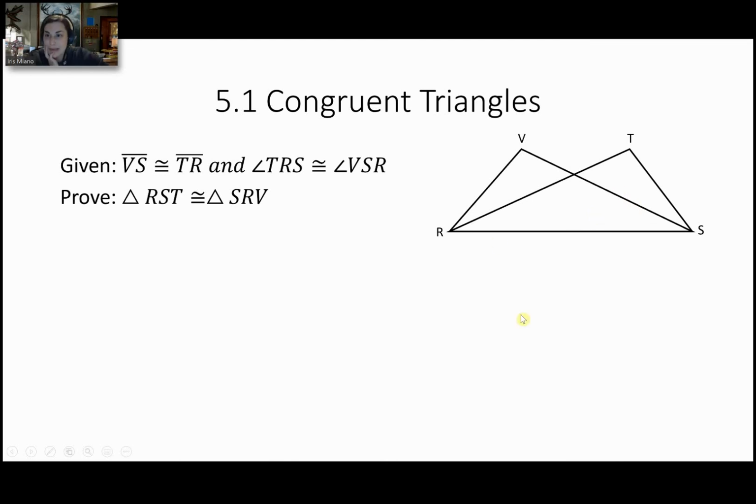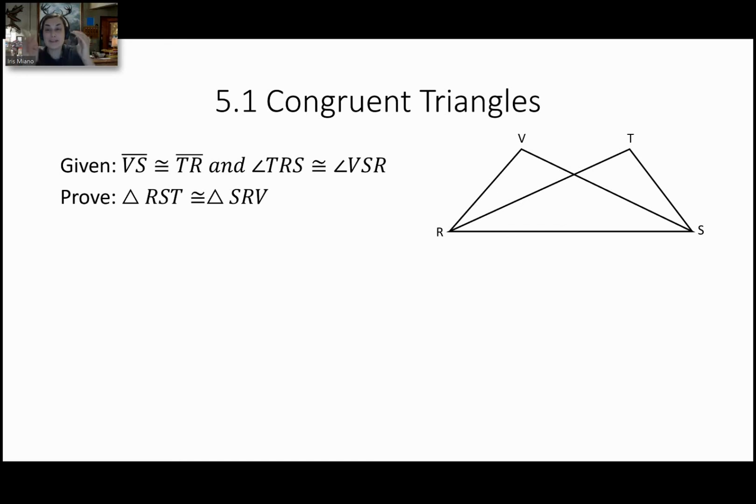Can you tell me, this is a rhetorical question because you're watching a video obviously, what edge appears to be occurring for both triangles, RST and SRV? It's this bottom one right here. It's not always going to be the base, that's the shared edge, but in this example, line segment RS occurs in both triangles RST and SRV.